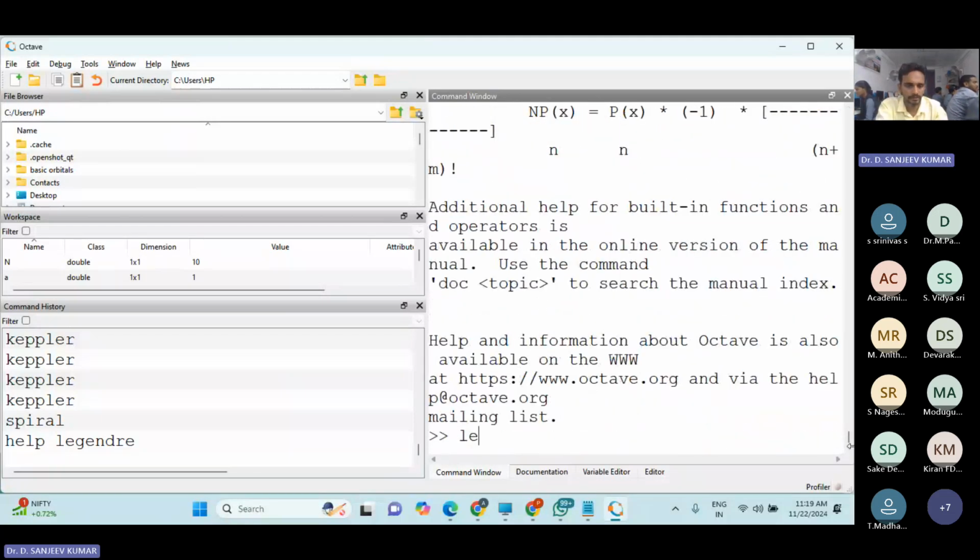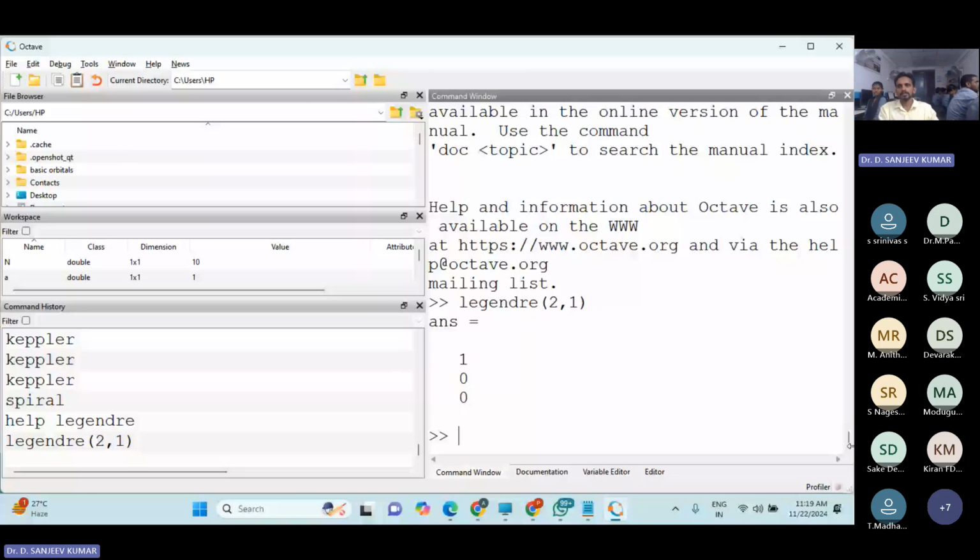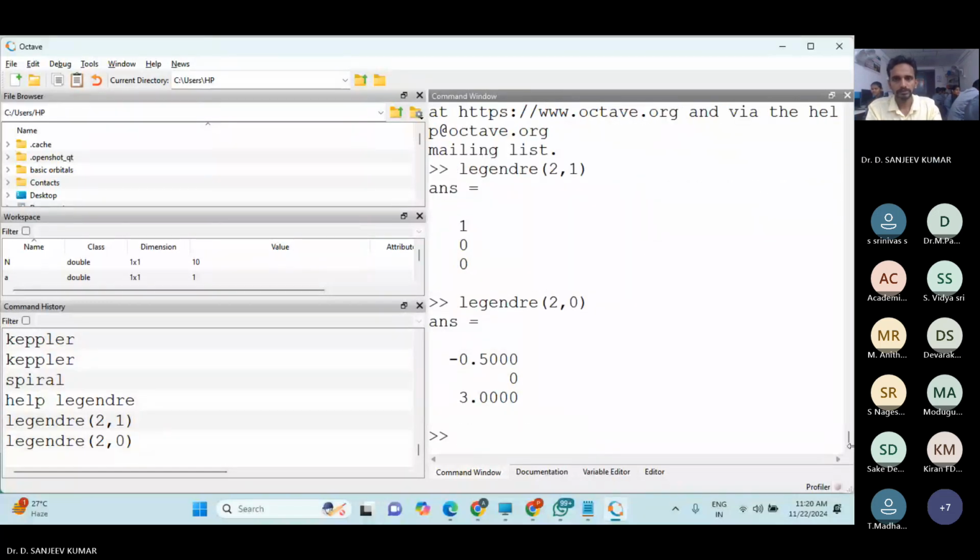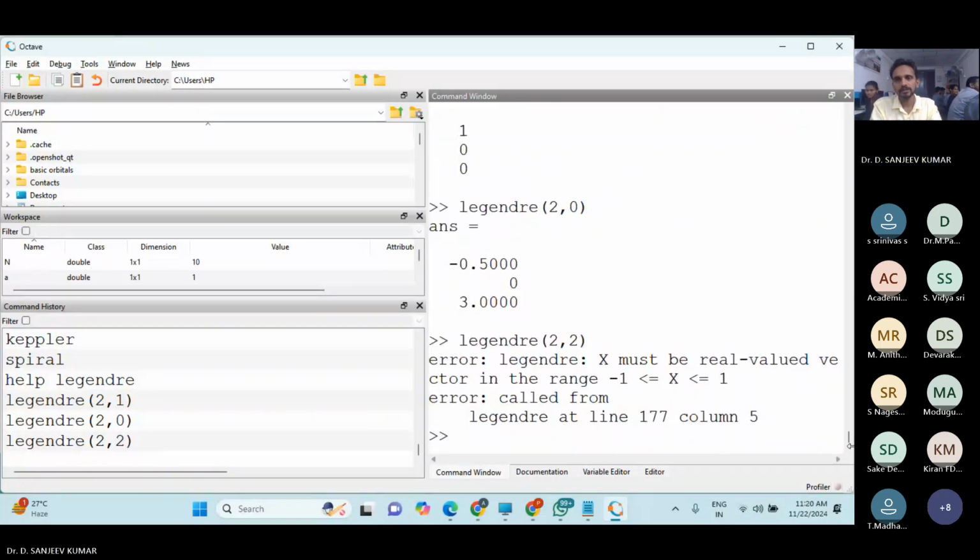Let's say legendre 2, 1. You get 3 values. Two comma 0. So L value should be always less than n. So if I place 2, it is an error. So legendre function takes n and L values as input, and L value should be less than n.